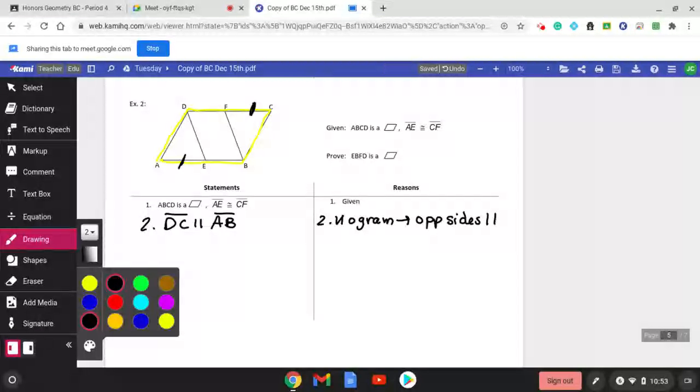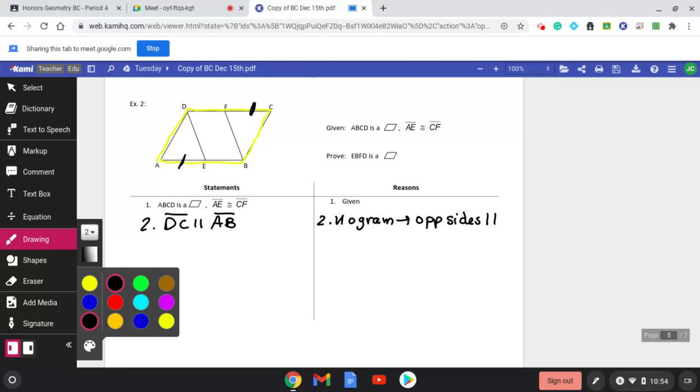So wouldn't it make sense for DF and EB to be parallel? Because they're on the same line. I just shortened it a little bit. Look at your diagram. DC and AB are parallel. I'm shortening it to DF and EB now. So shouldn't they also be parallel? They're on the same darn line. Everyone see where I'm getting at there and where Emma was going.